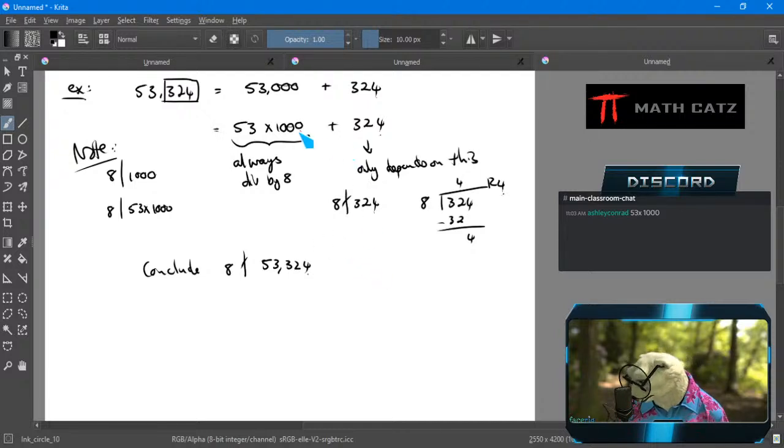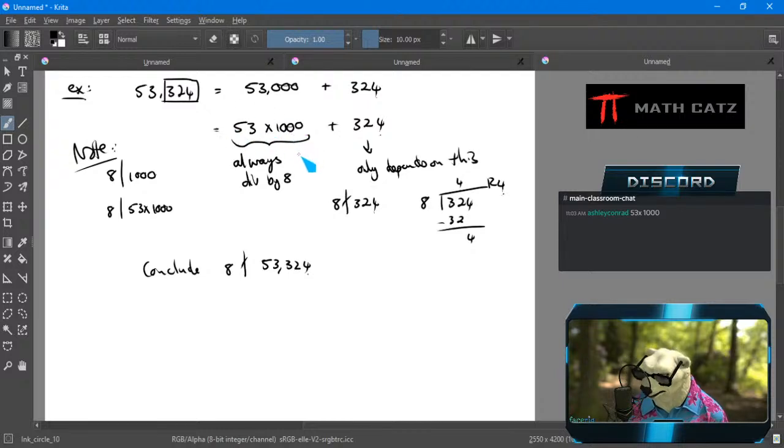It's coming from the fact that 8 fits into 1,000. Therefore, the early digits will be grouped as multiples of 1,000, and 8 will always divide into that. That then tells me that the only thing that decides if this original number is divisible by 8 are the last three digits, because the early ones are all going to be connected to this 1,000.